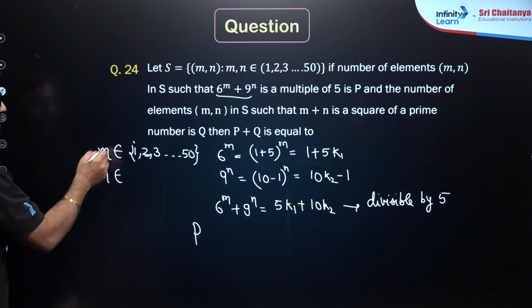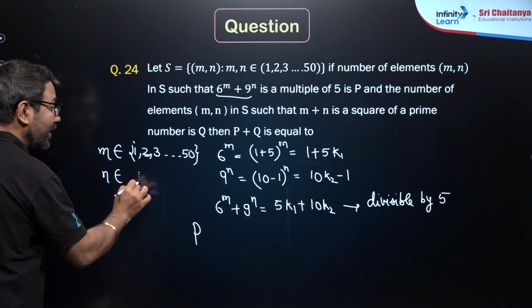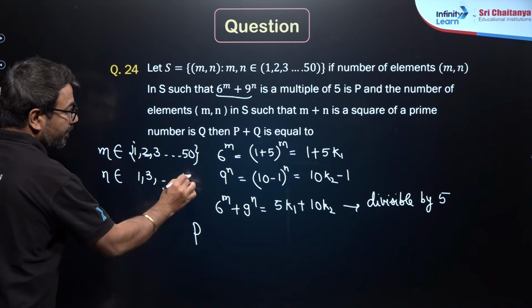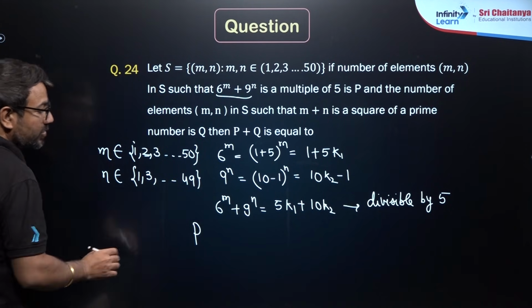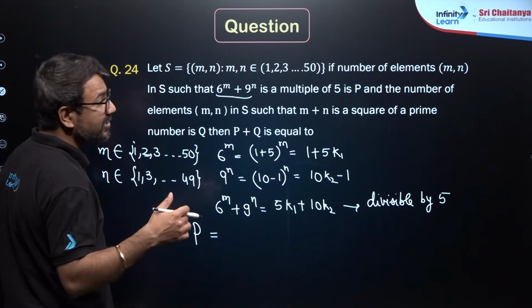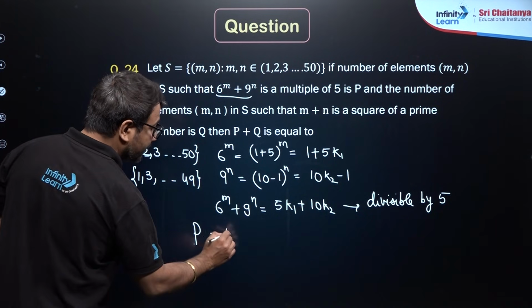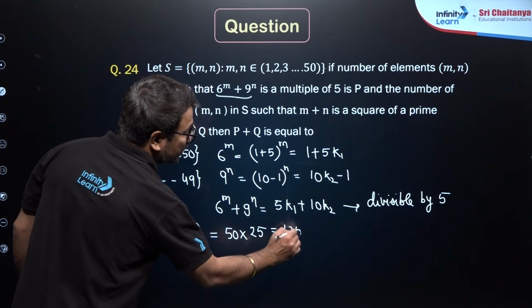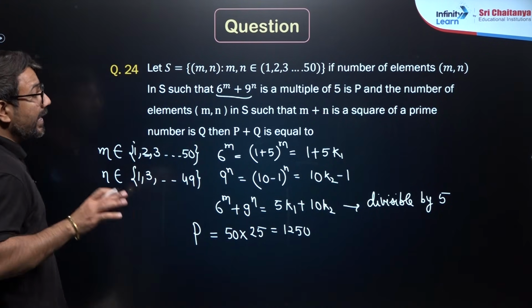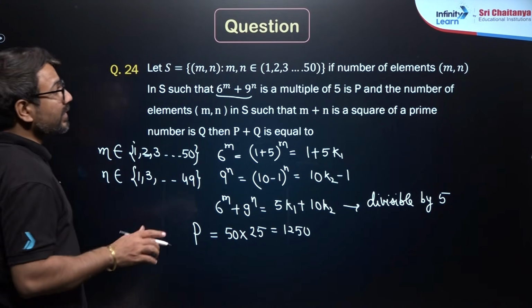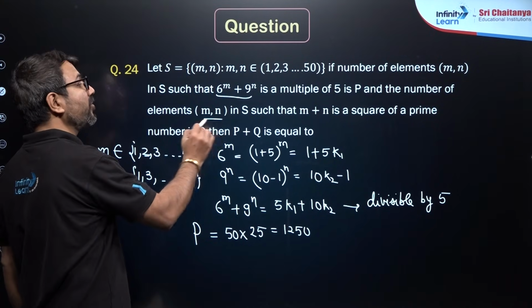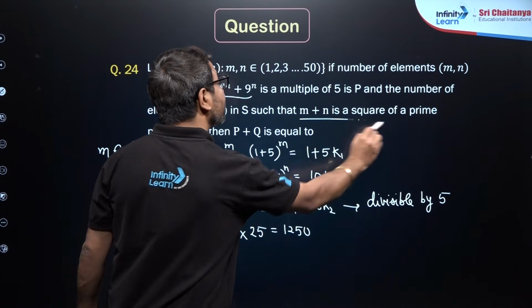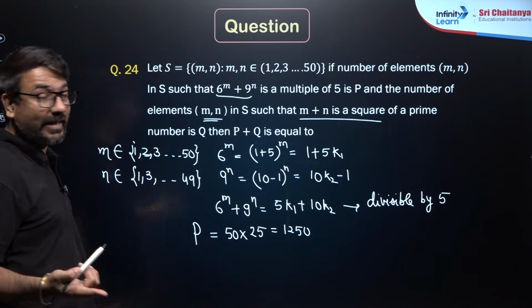So m value is everything possible, but n value is only odd possible. So P, the number of ways in which ordered pairs can be taken, is 50 into 25, which is 1250. And here, my dear students, they have said that the number of elements of ordered pair in the S such that m plus n is the square of a prime number.